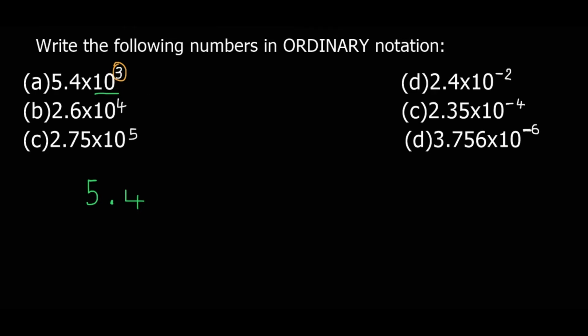So re tlo tšea this decimal point, re move 3 units to the right because re na le exponent ya 3. Re tlo re 1, 2, 3, and then ra itlogela mo decimal point ya rena. And then ra re mo ra ngwala 0 and 0.